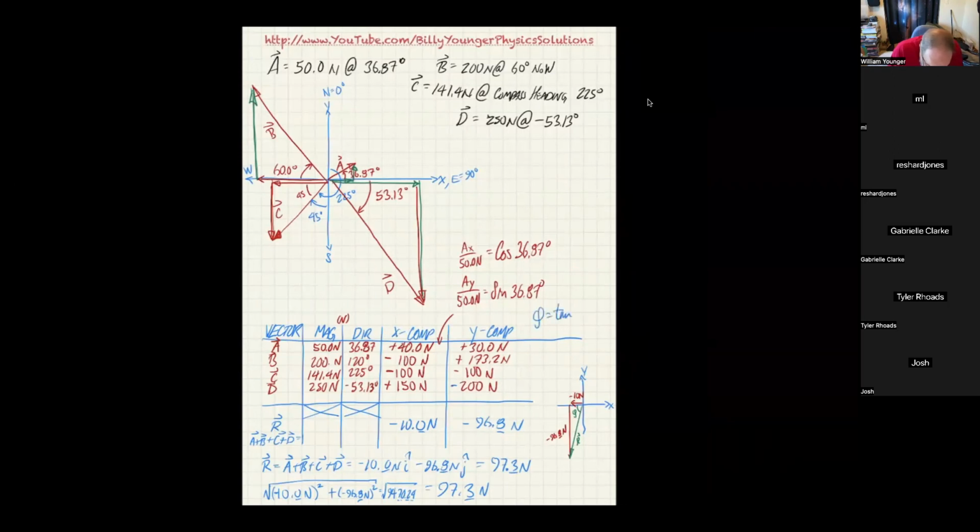Now phi is equal to the tangent inverse of 96.8 over 10. Notice how I didn't write any signs in there. I don't want that. That's going to cause problems. So I'm going to say tangent inverse 96.8 divided by 10, close parentheses. That gives me 0.1, whoa.